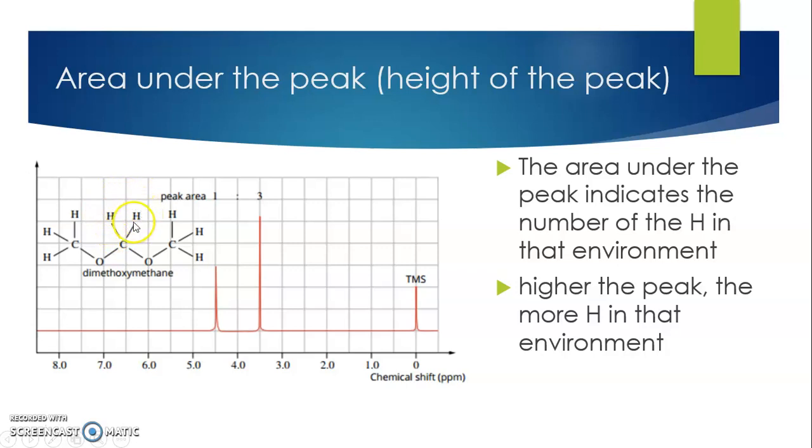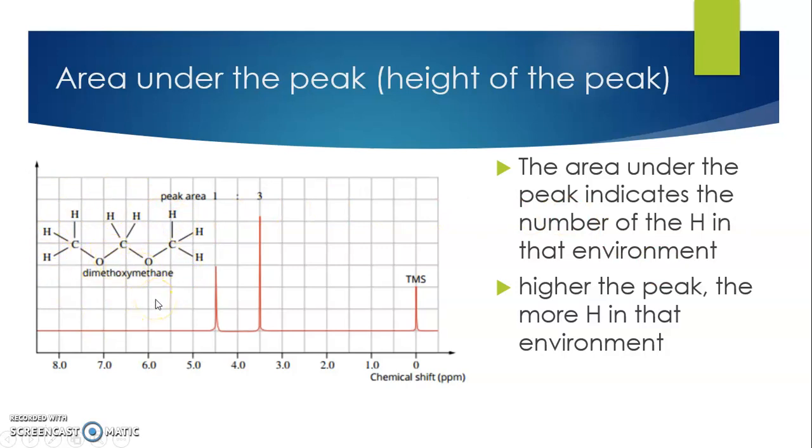So since 2 are in the one environment and 6 in the other, the peak for the 6 hydrogens will be bigger, indicating there are more hydrogens in this environment and fewer hydrogens in the other environment. However, it is harder for us to use the area under the peak to deduce what molecular structure it is.